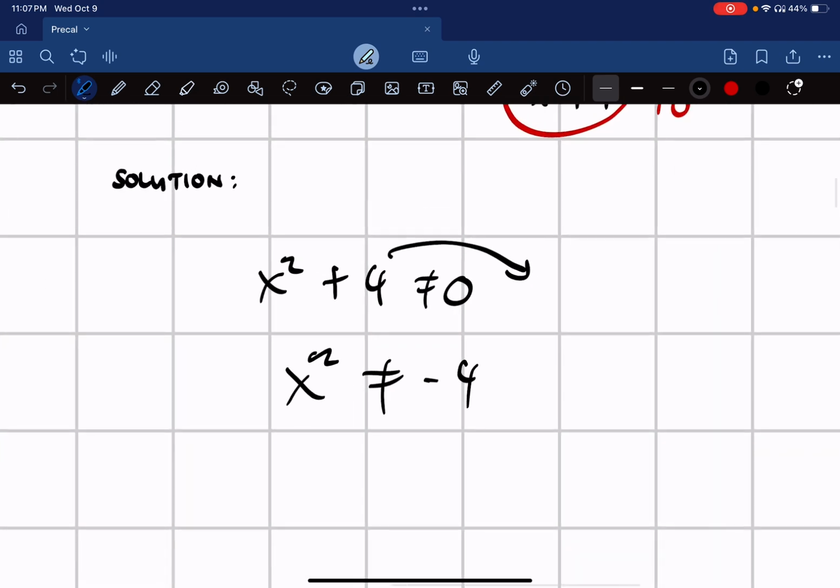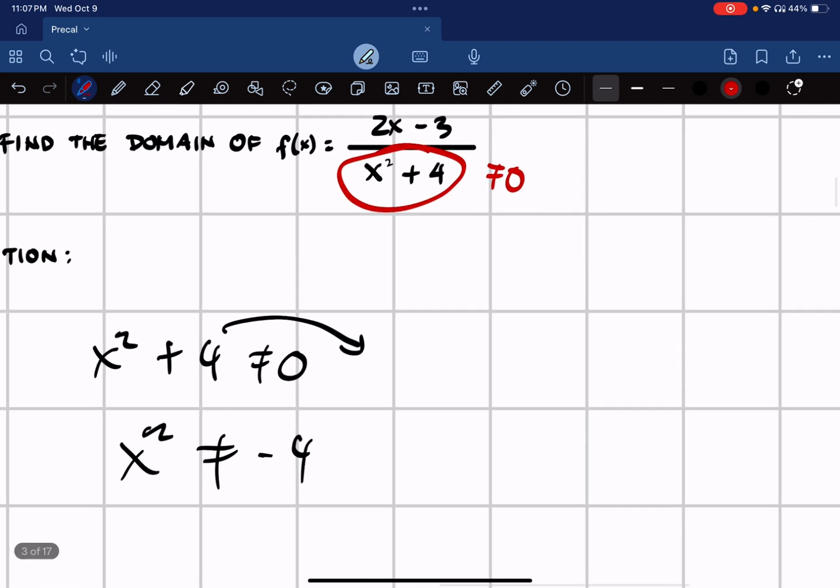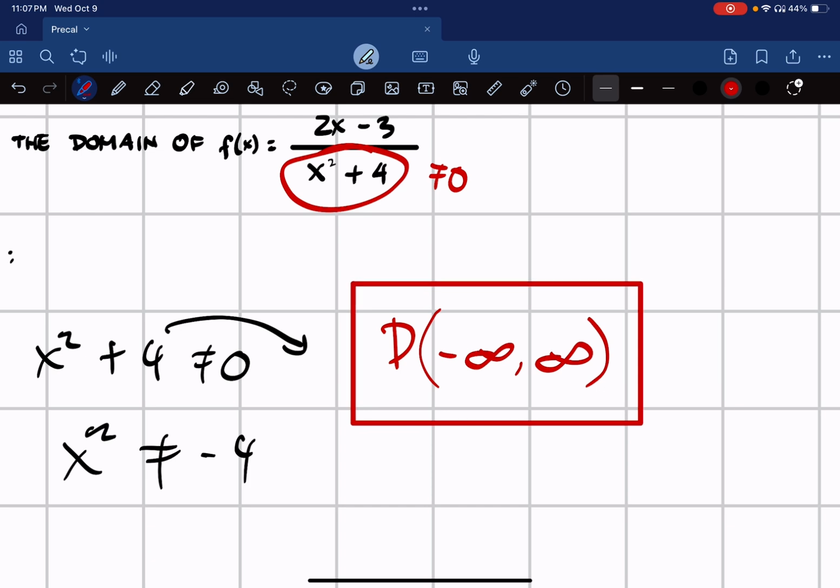So we no longer take it into consideration, and automatically our domain is all real numbers, from negative infinity to positive infinity. That is our domain.